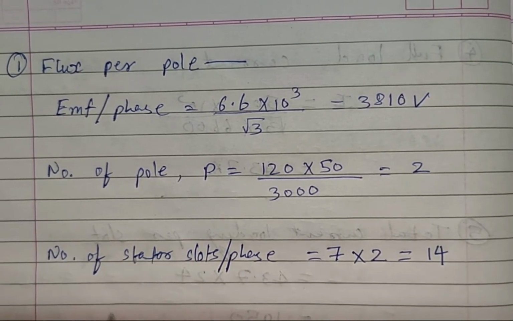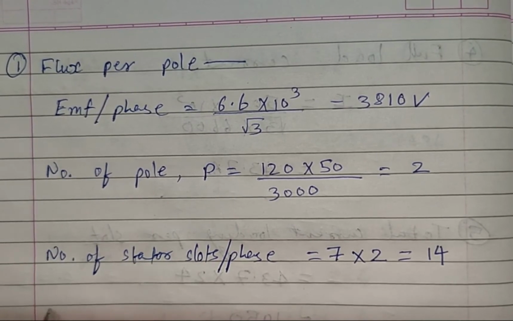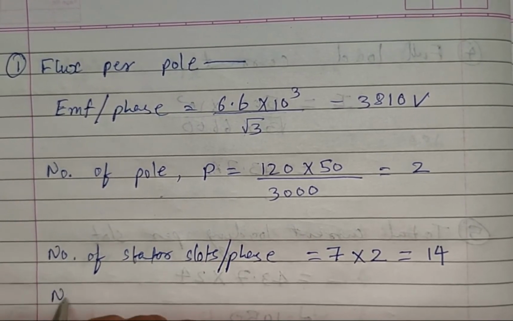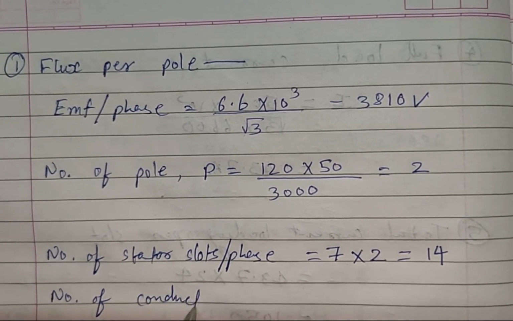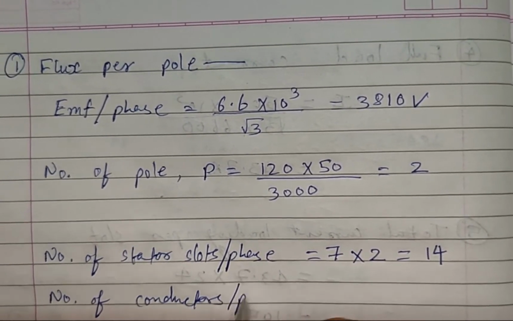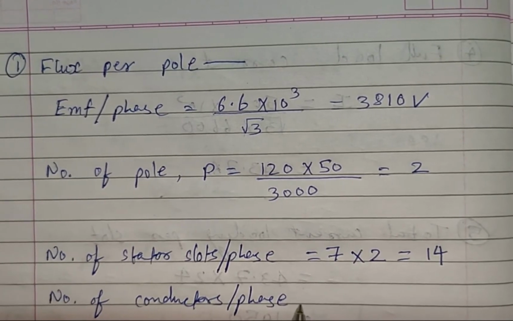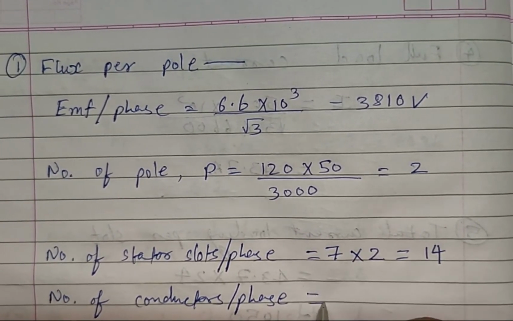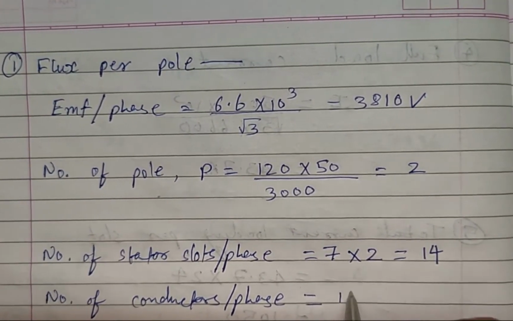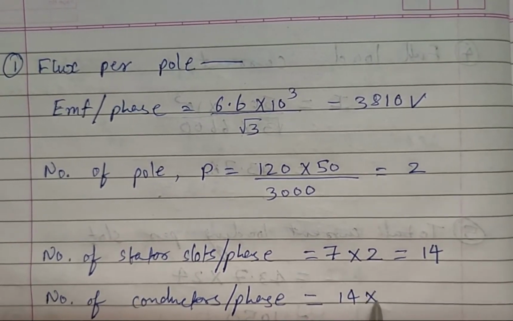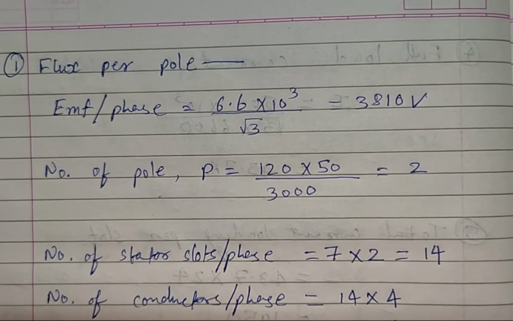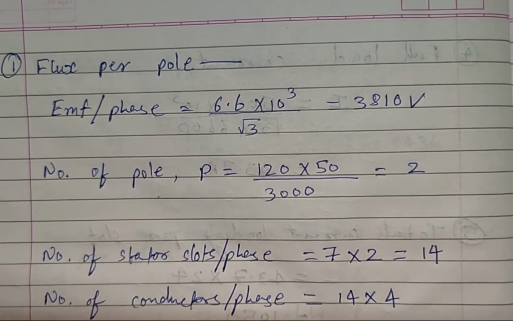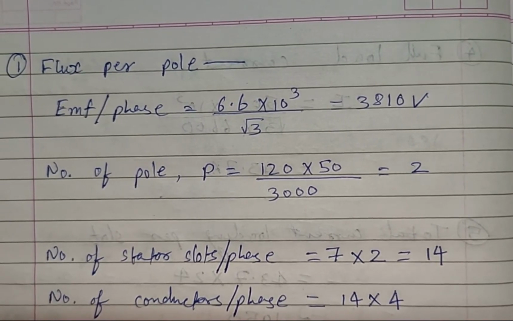Moving to the next, the total number of conductors per phase. The number of conductors per phase would be equal to 14 multiplied by 4, where 4 is the number of conductors per slot. So this turns out to be 56.